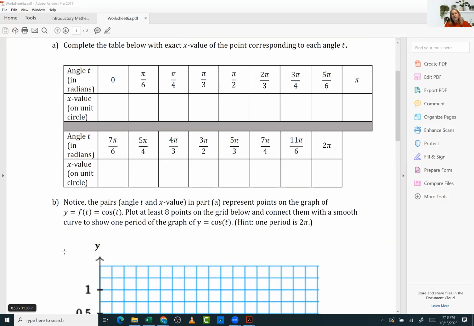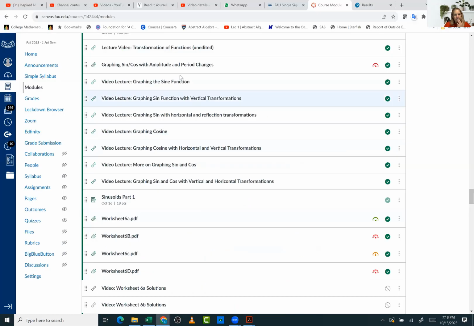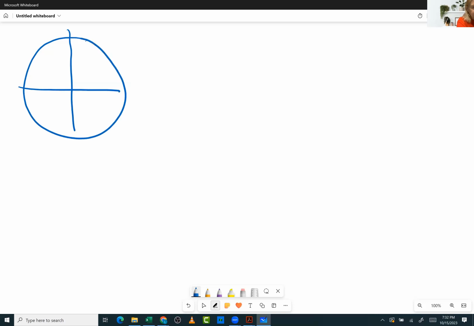This is actually graphing cosine. Have you all watched graphing cosine? If I were to start over here with a unit circle, you're used to my circles. And here I'll start off with an XY graph.